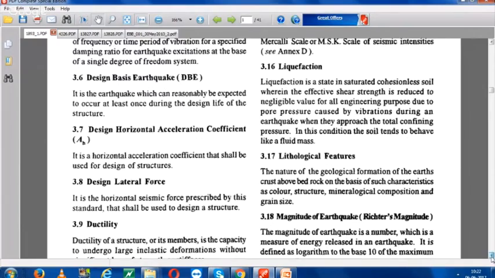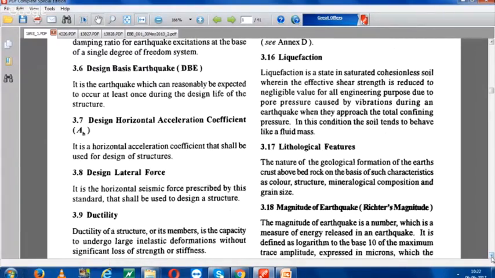Here it is given, design basis earthquake. What is the design basis earthquake? It is the earthquake which can be expected to occur at least once during the design life of the structure. Like I told you earlier, its return period is around 500 years. In case of the maximum considered earthquake, the return time is around 2500 years.